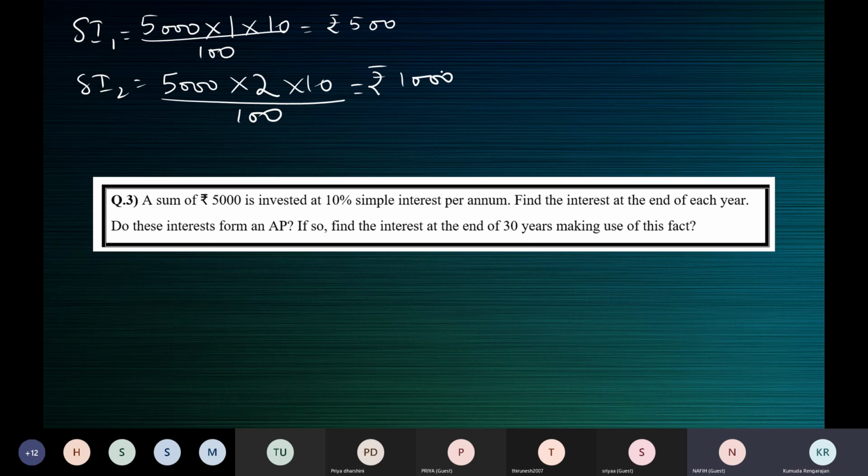Now, children, what do we understand by 1,000? Is it the interest that you're getting for the second year or for 2 years? For 2 years.